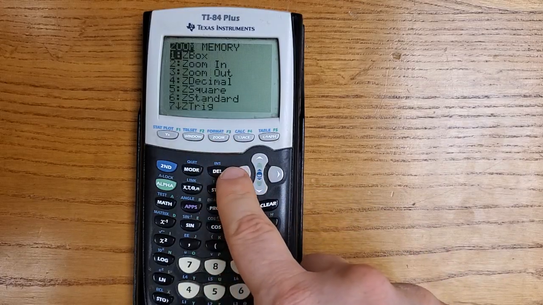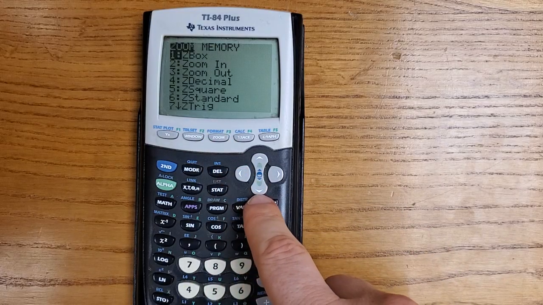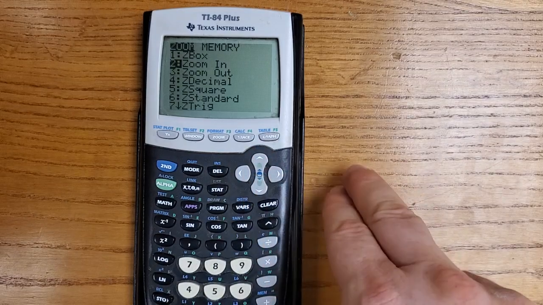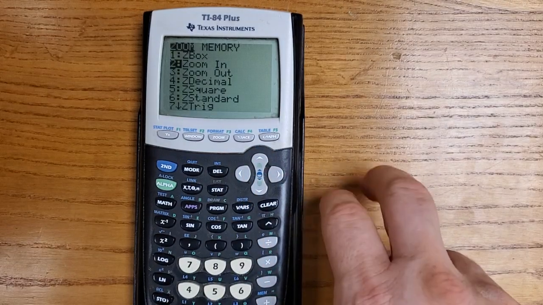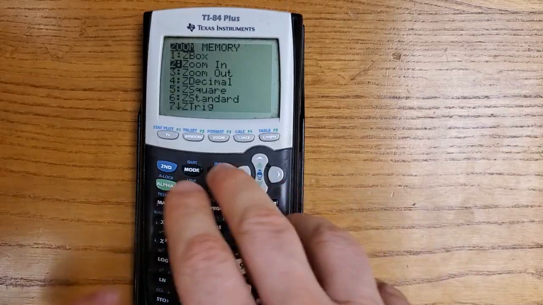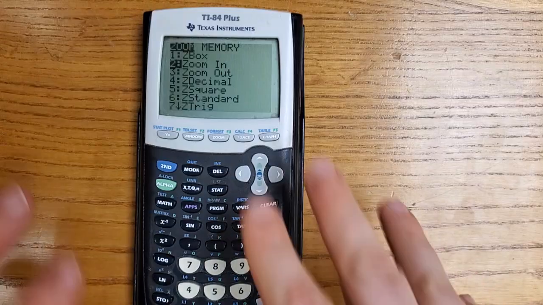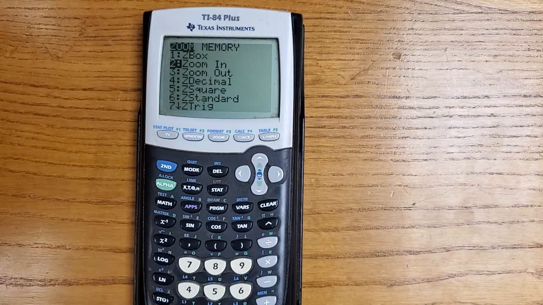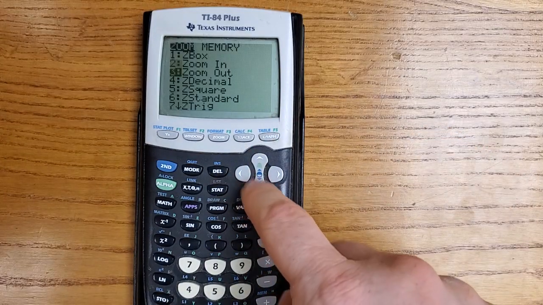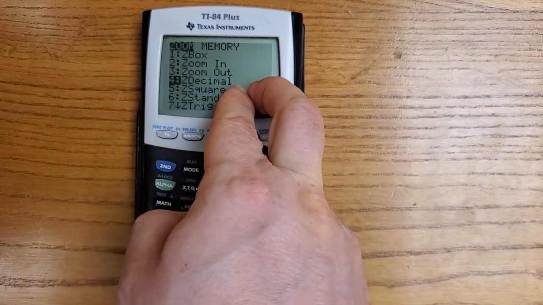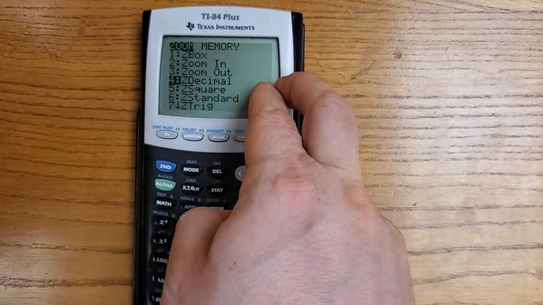If you go to the zoom, you can do zoom in and zoom out, and we saw a couple places where zooming in was definitely helpful because on the wider view some important details were a little lost, but when you zoom in you can see it better. If you do z decimal, that makes it so that each pixel width is 0.1.